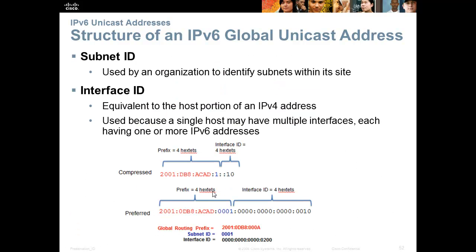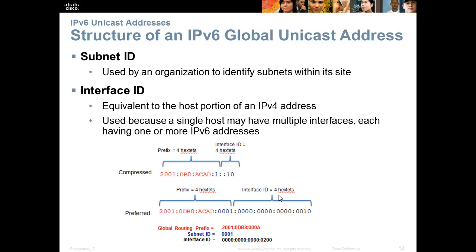The second part of that global unicast address, the 1 out of our 3-1-4 rule, is the subnet ID. And this is used by an individual organization like Bismarck State College or another company out there to identify the subnets within its site or within its network. The last part is the interface ID. And this is equivalent to the host portion of an IPv4 address.